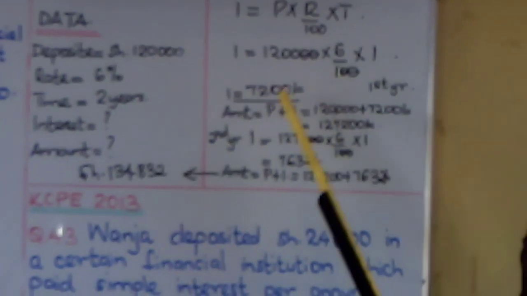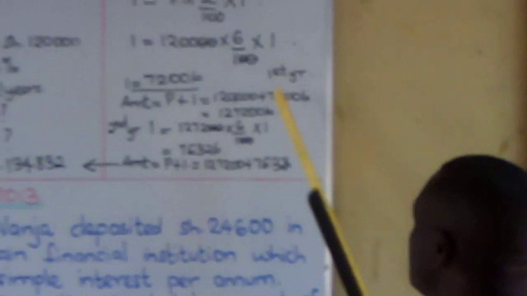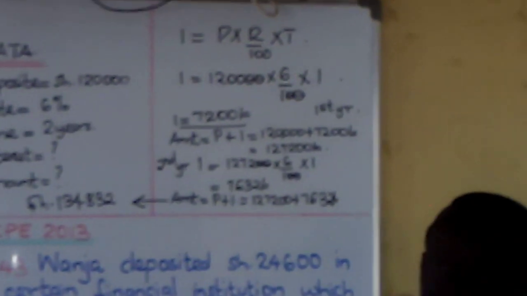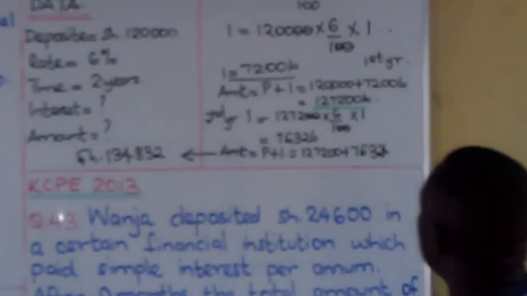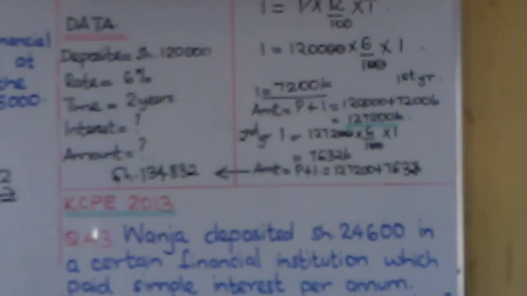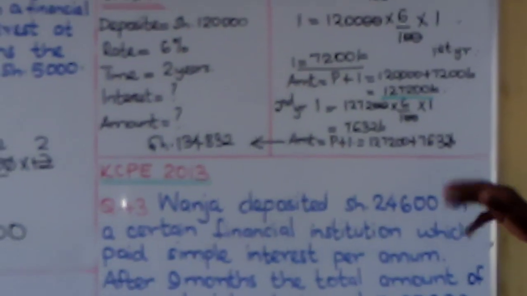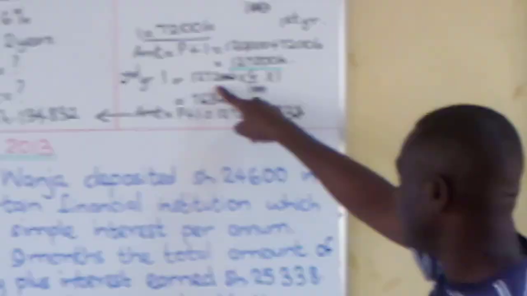Then we add the interest of the first year to the principal of the first year to get the amount, and the amount becomes the principal of the second year. 127,200 becomes the principal of the second year. And so in the second year, we begin our calculation from here.